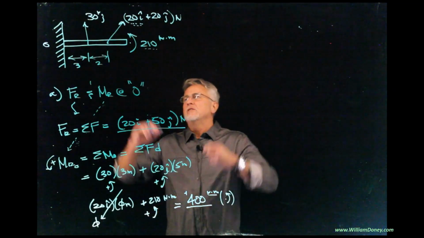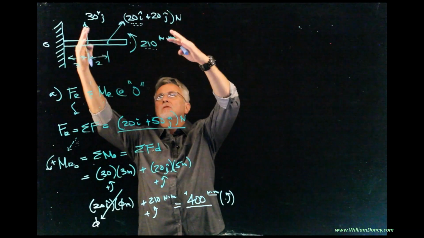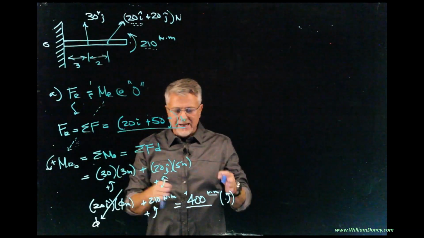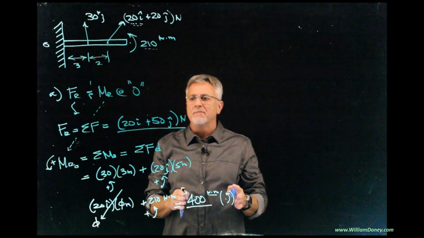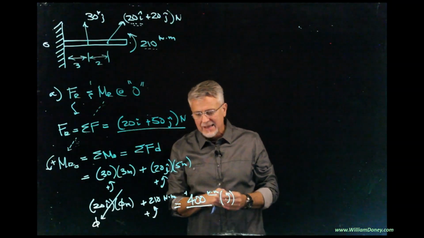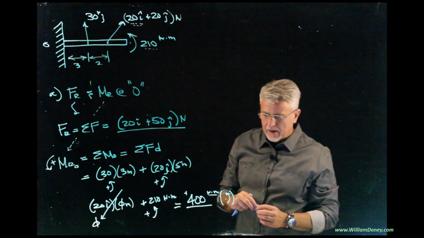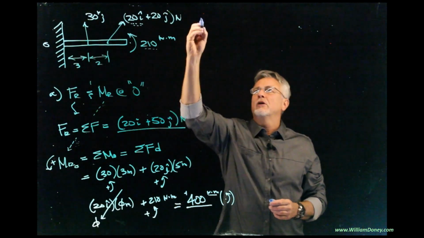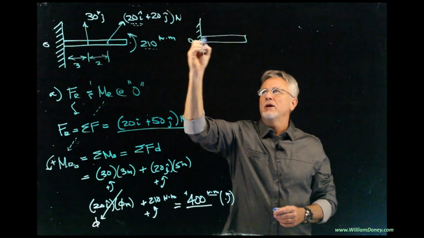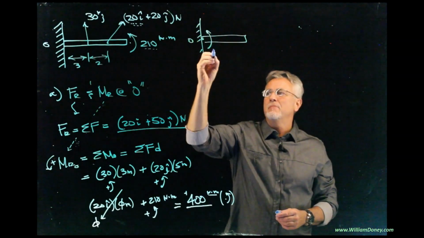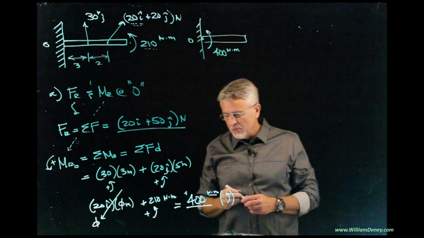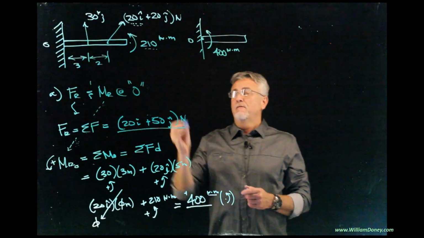So we reduced this up here, two forces and a couple moment, to a single force and a single couple moment acting at point O. Now, what we could do is redraw this. And there's point O. I'd put that there. I'd make the moment 400 Newton meters. And I could also put in the force that's acting there.